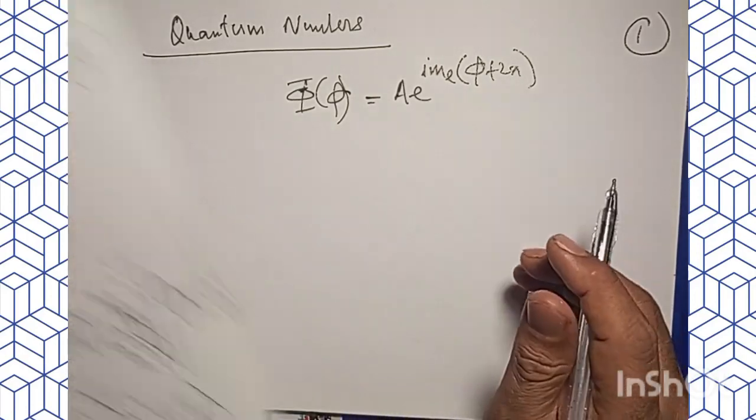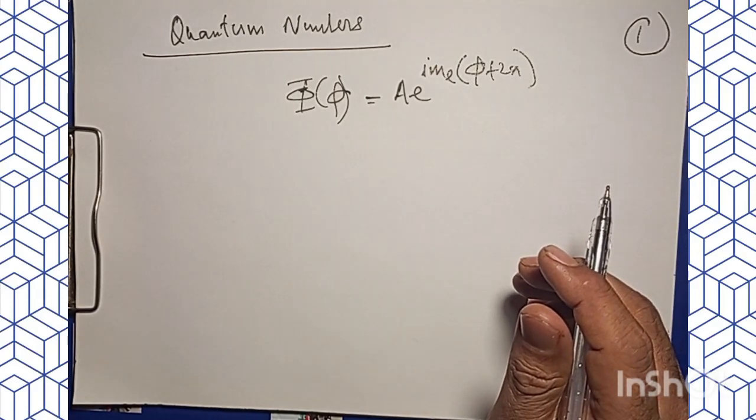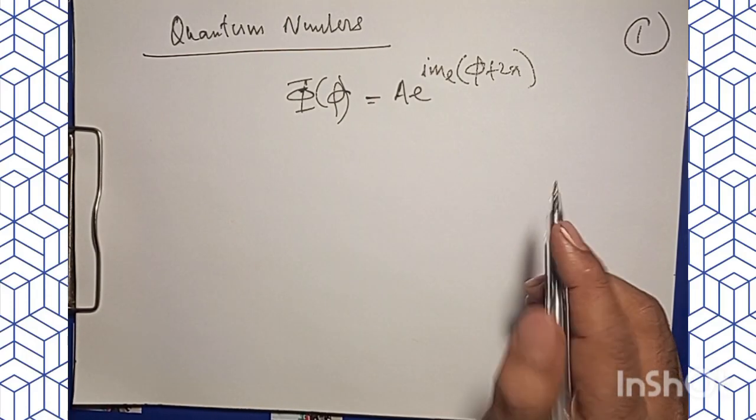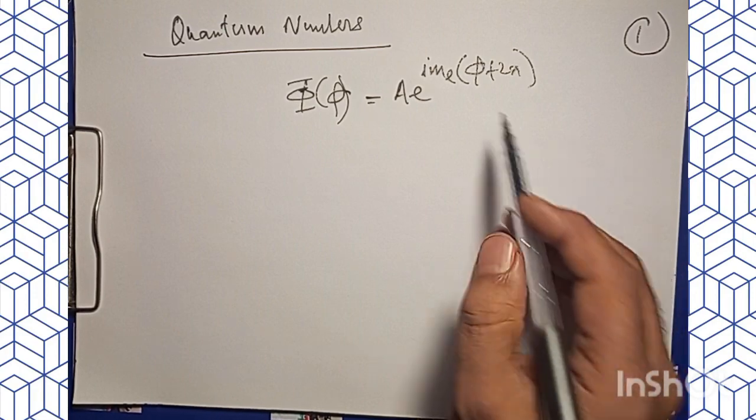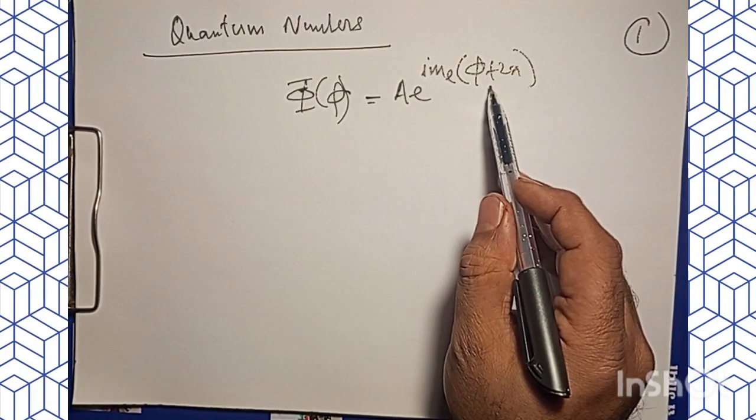Now to move on from here, what we have introduced in the solution is phi plus 2 pi.